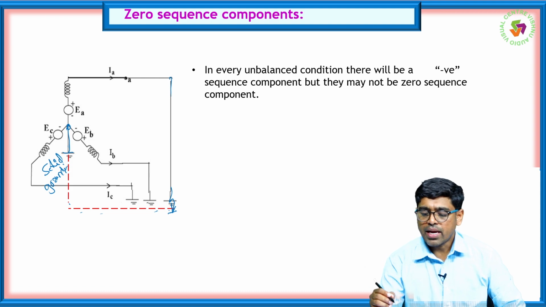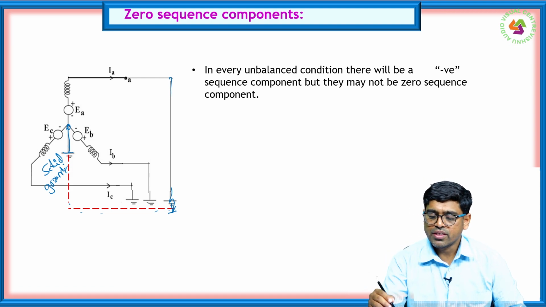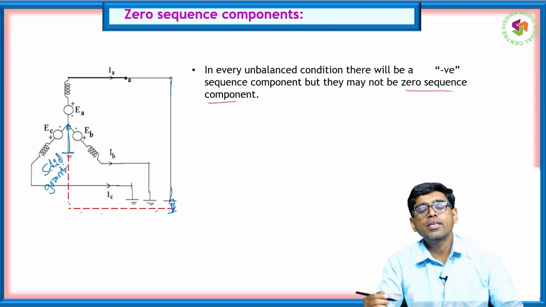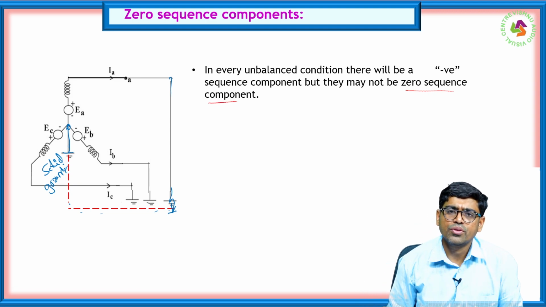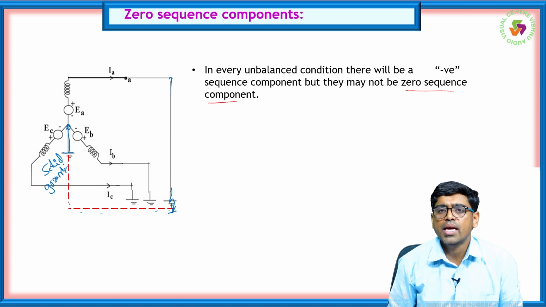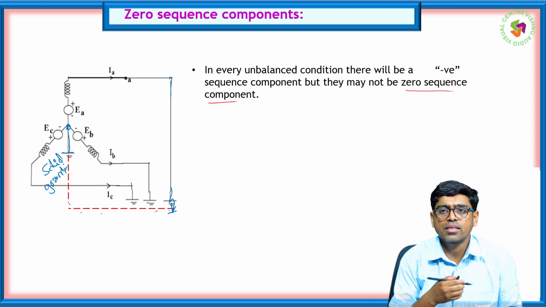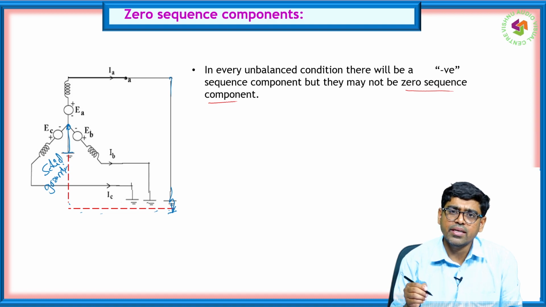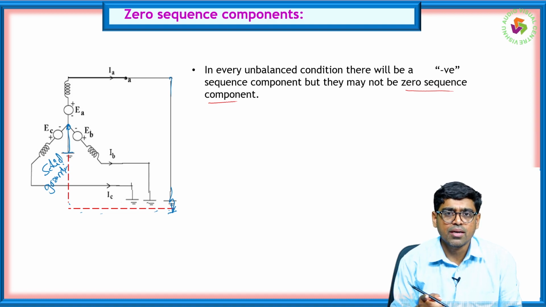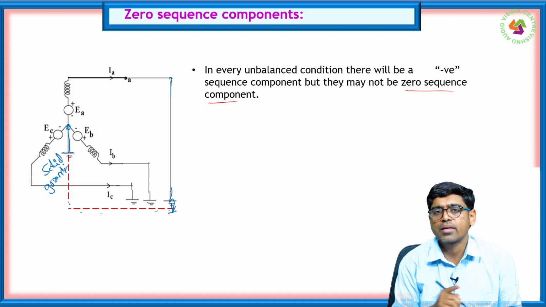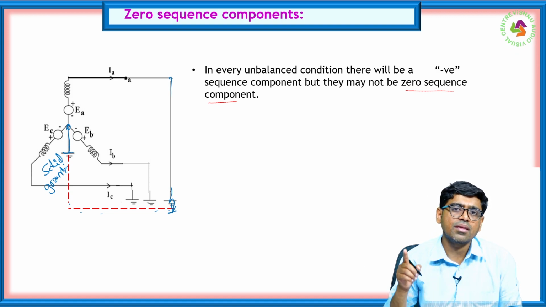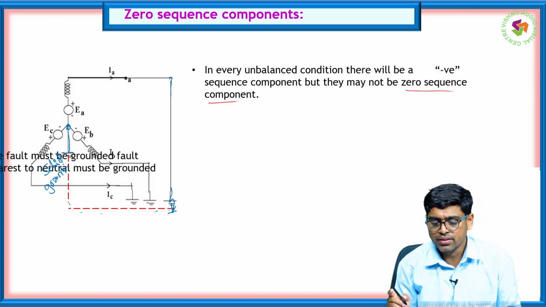So in every unbalanced condition there will be a negative sequence component, but there may not be a zero sequence component. If the system is unbalanced, it may be a fault or the RYB phases may be unbalanced. During an unbalanced condition we may have the negative sequence component, but the zero sequence component may not exist. The zero sequence component exists if the system is faulted and grounded.